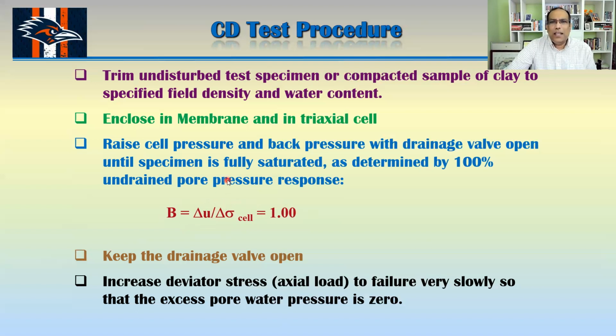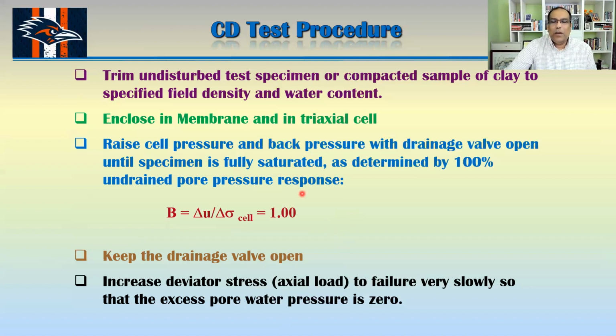Once the saturation is complete, then you keep the drainage valve open and apply the appropriate sigma 3, meaning your confining stress. Okay, and keep that valve open during that time so that any excess pore water pressure will be dissipated, and the soil will be 100% consolidated.